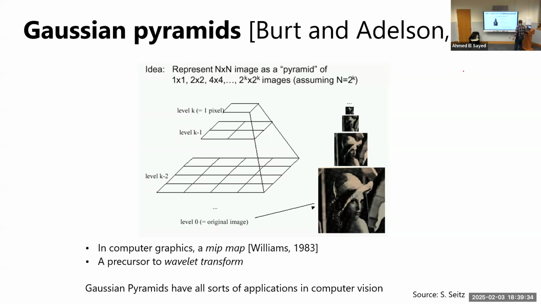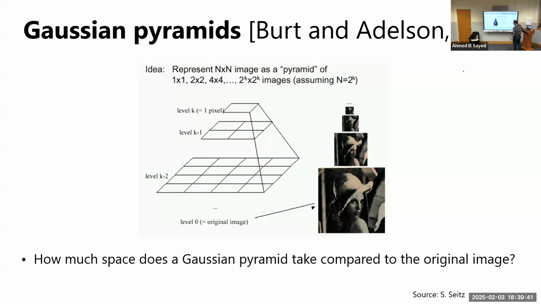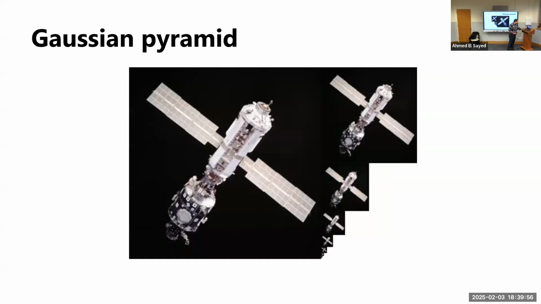Now, is this technique new? Actually, no, it's old. It was introduced in 1983, but it proved to be very efficient in many applications of computer vision. As I said, we are still using it to this moment in many applications.